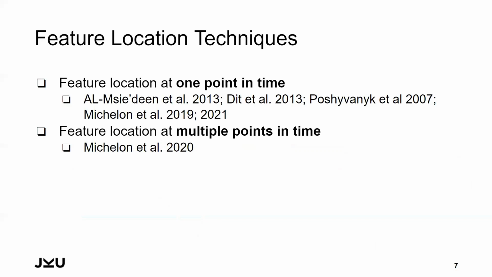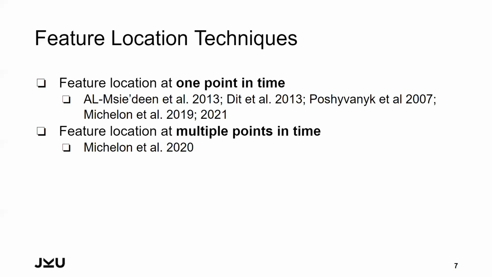Existing feature location techniques can locate features of a system or a set of features, but only at one point in time. Although there are some feature location techniques considering the space dimension, they have limitations, for example, coarse levels of granularity, generally at the method level, and they do not yield good results when applied to single systems.